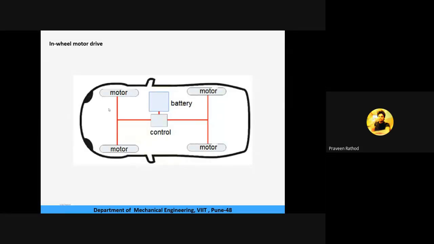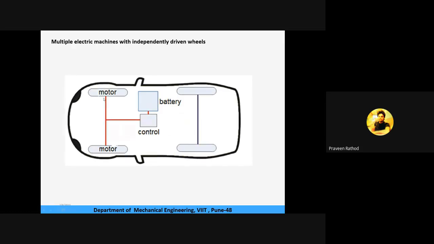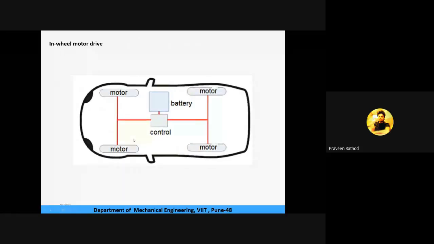The last topology is the in-wheel motor drive. As we have seen in the earlier topology, we were using only two motors in the front wheels. If you see this topology, you can see over here we are using four motors at the four wheels. That's why we call it an in-line motor wheel.